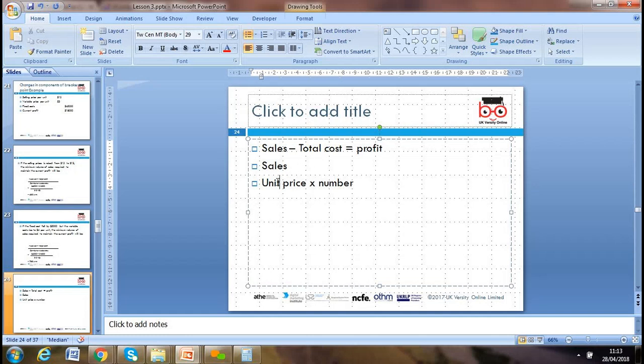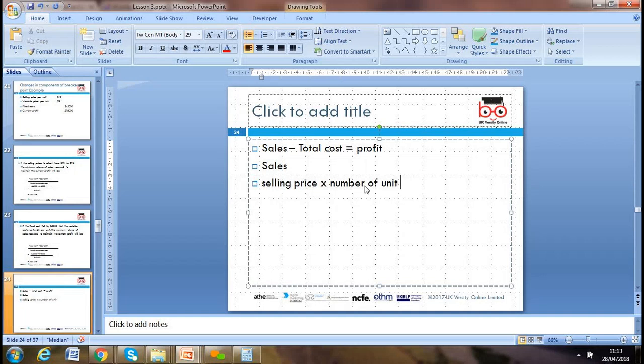Yes, we can write selling price. Selling price times number of units. So how many units are we selling? So that's 23.